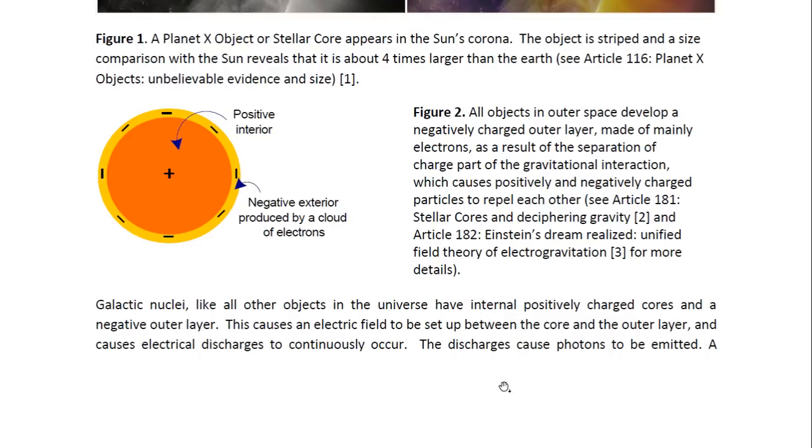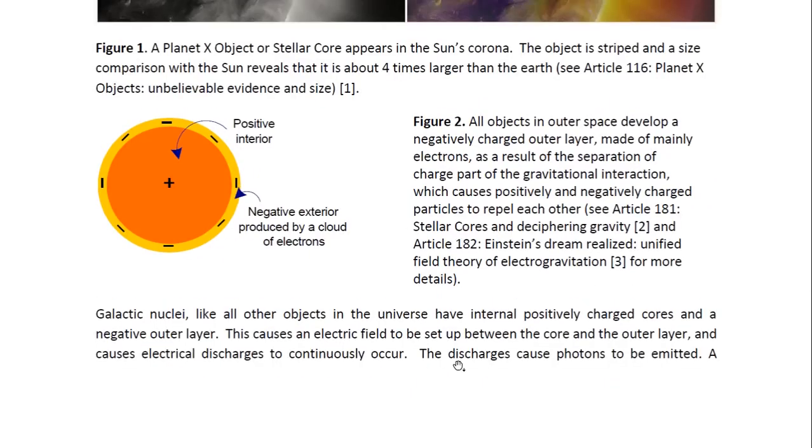And this causes an electric field to be set up between the core and the outer layer. So wherever you have positive charge separated by negative charge, you of course have an electric field which points outwards from positive towards the negative. And then there will be a potential difference associated with that electric field.